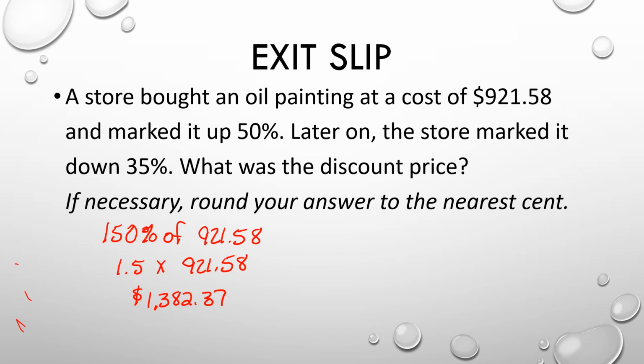So if they're marking it down 35%, then that means you're paying for 65%. Again, you can use that 35% and then just do the subtraction, or you can say 65% of the $1,382.37.